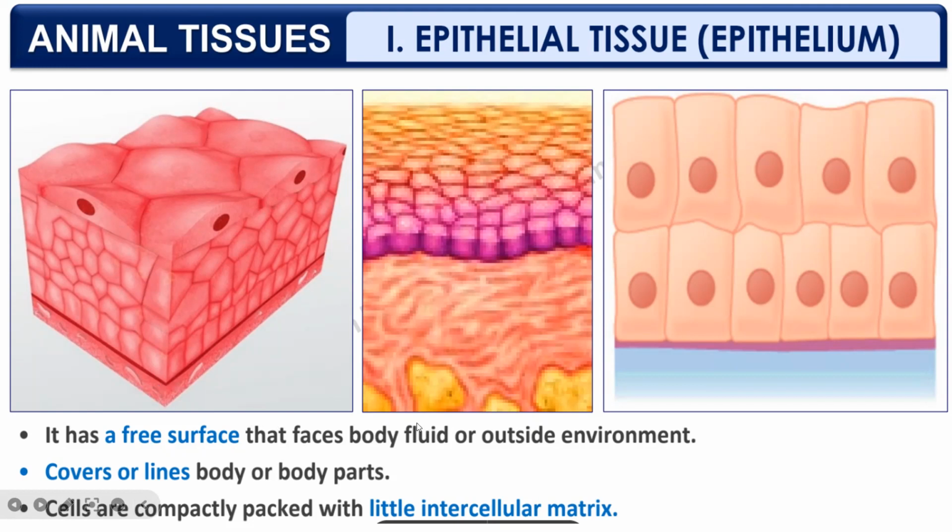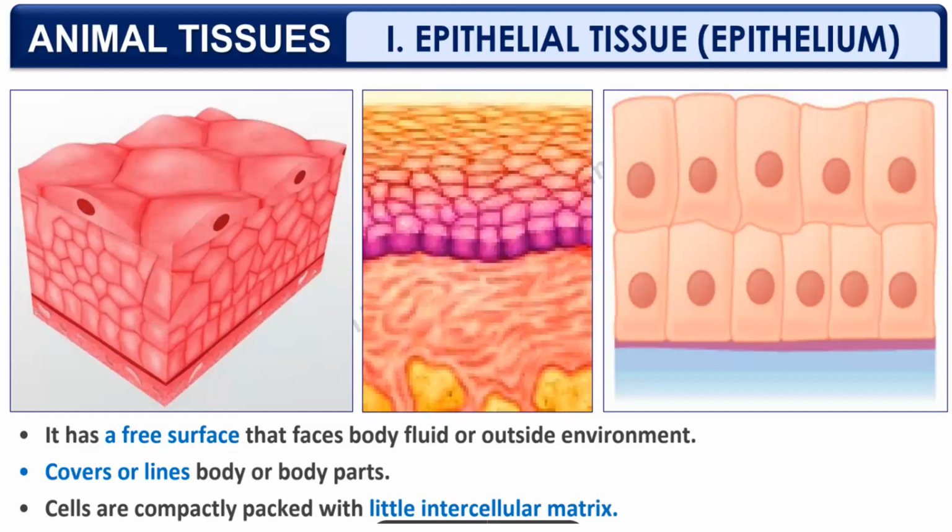That means this is inside the body, like the heart. The heart will have an epithelial layer, and surrounding the epithelial layer there will be fluid. This fluid is for protection, or it's the outside environment. Outside environment means our skin. This surface can directly come in contact with the outside environment.